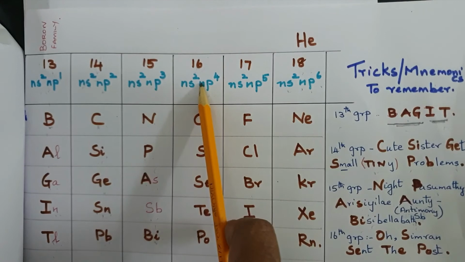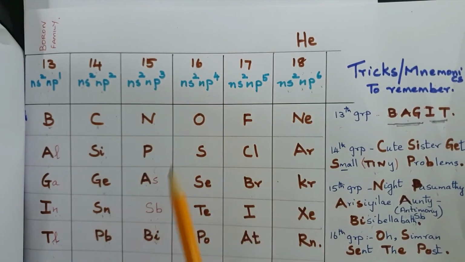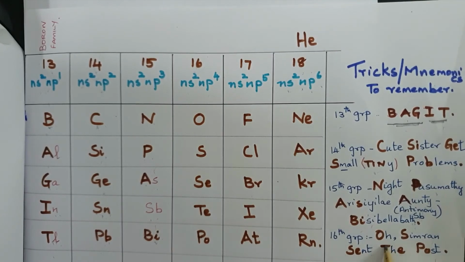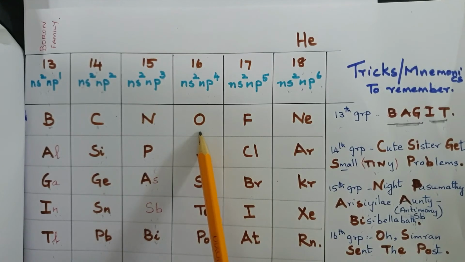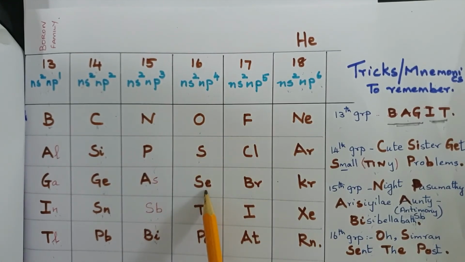Now how do you remember the 16th group? Just remember: Oh, Simran sent the post. O stands for oxygen, Simran stands for sulfur, sent, Se, stands for selenium, then tellurium, polonium.